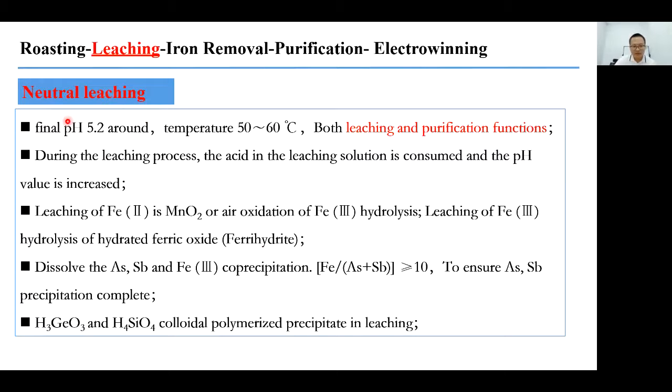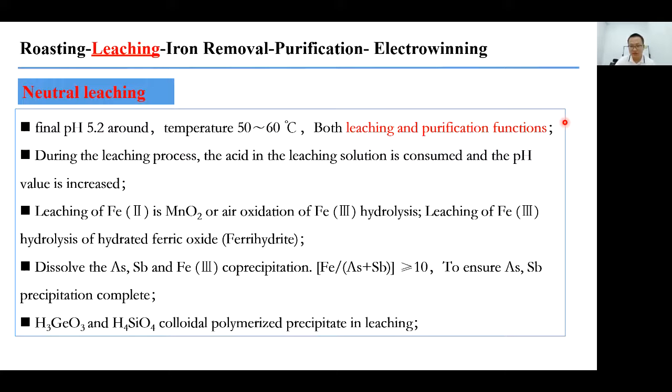And the final pH value of natural leaching is 5.2. As I have mentioned, this is determined by the purification of iron hydroxide, and temperature is 50 to 60 degrees C, and it has two effects.